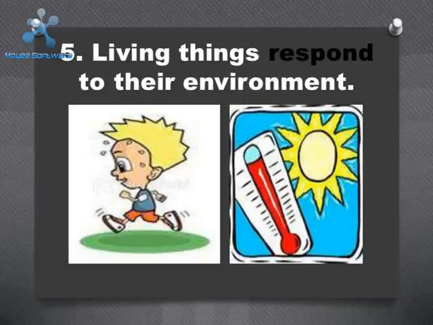Now, the next characteristic is that living things can respond to their environment. Yes, we are able to feel our surroundings. Like in summer season, it's too hot. In winter, it's too cold. So according to the environment, we are able to feel. हम सबको फील होता है, बहुत तेज गर्मी होती है, we feel that. ठंड होती है, we feel that.